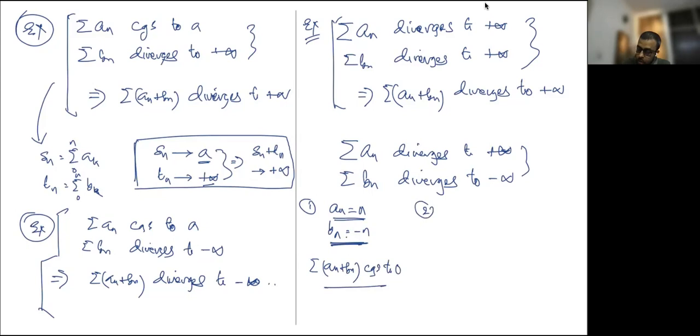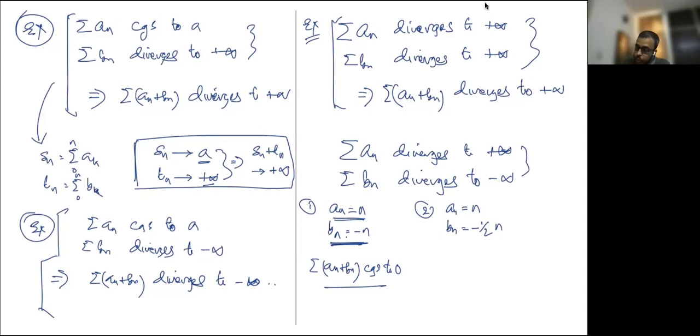Let's look at another example. We'll just distort this example a little bit. a_n is n, b_n equal to minus n by 2, let's say. So summation a_n is plus infinity, summation b_n is minus infinity. These conditions hold.